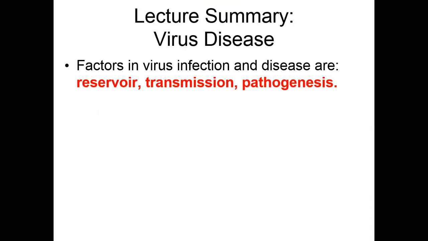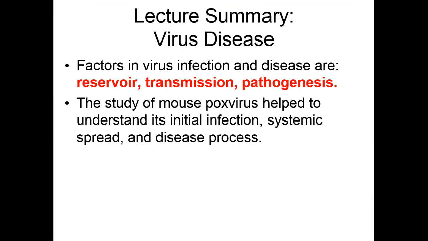So, the summary of the lecture so far: the factors that are implicated in virus infection and disease production are the reservoir of the virus, transmission of the virus, and pathogenesis of the virus, or the disease causing capability of the virus. Pox virus was a disease that they developed a mouse model of.